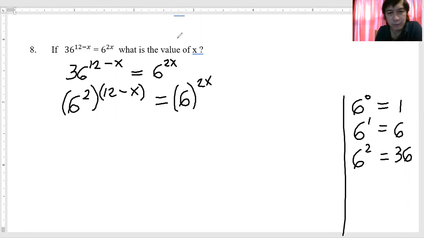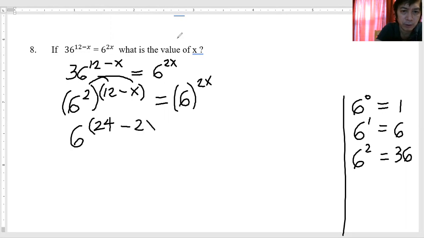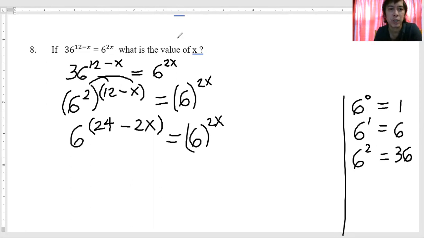Now you have the bases equal. You only need to multiply this. So this is 6 raised to 24 minus 2x. Remember, you're going to distribute the 2 to the 12 and to the negative x. So the left side exponent will be 24 positive and negative 2x. And you have the right side 6 raised to 2x. Now we have the same base 6.